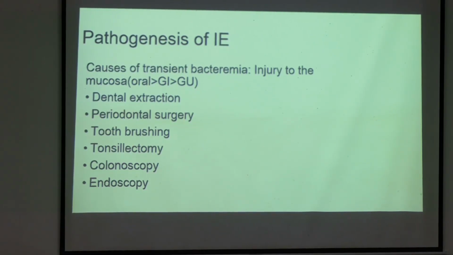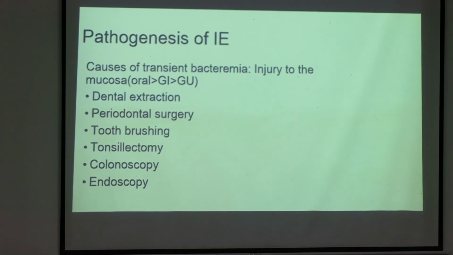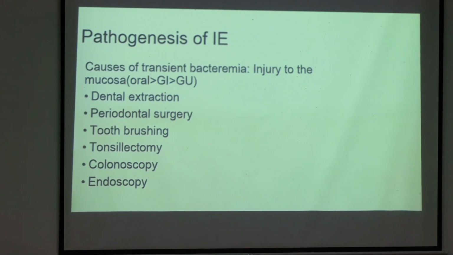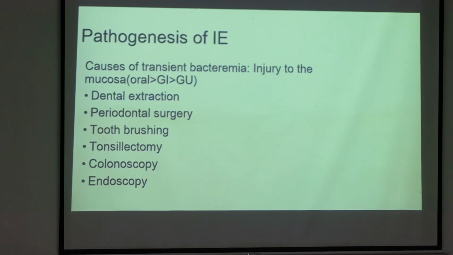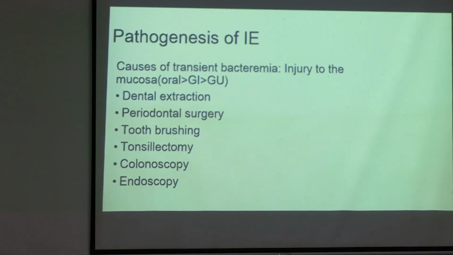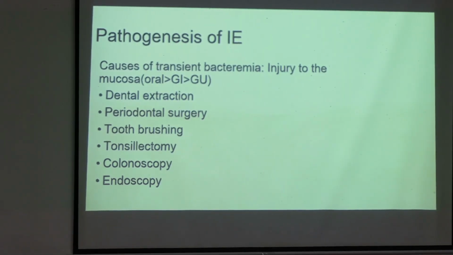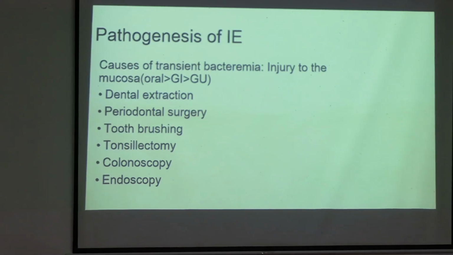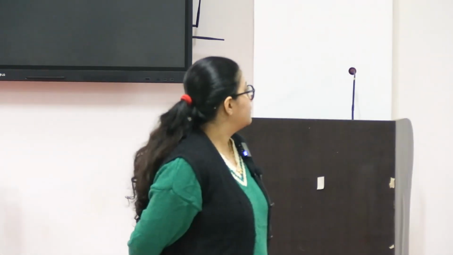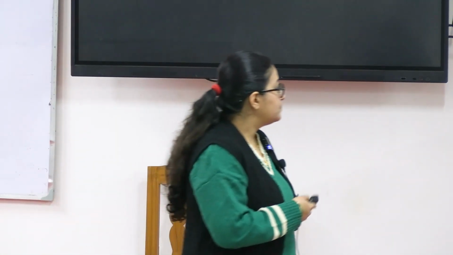The oral cavity is a habitat for many commensals, so if there is any disturbance in the oral commensal habitat, it will lead to bacteremia, and they will travel into the heart. Similarly from the GI tract, if you are doing invasive procedures like colonoscopy or endoscopy, or any surgeries related to your oral cavity. Tooth brushing is also one common factor, if you are brushing your teeth roughly.